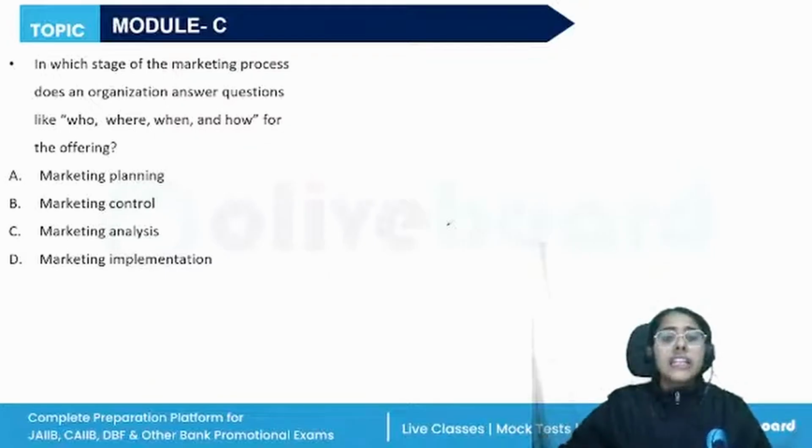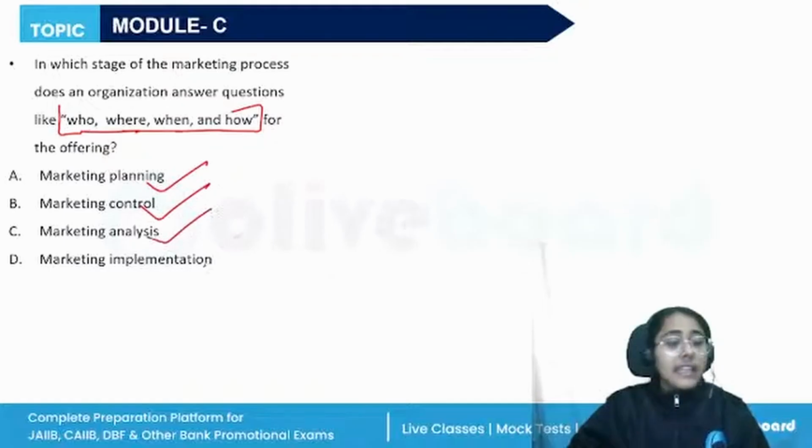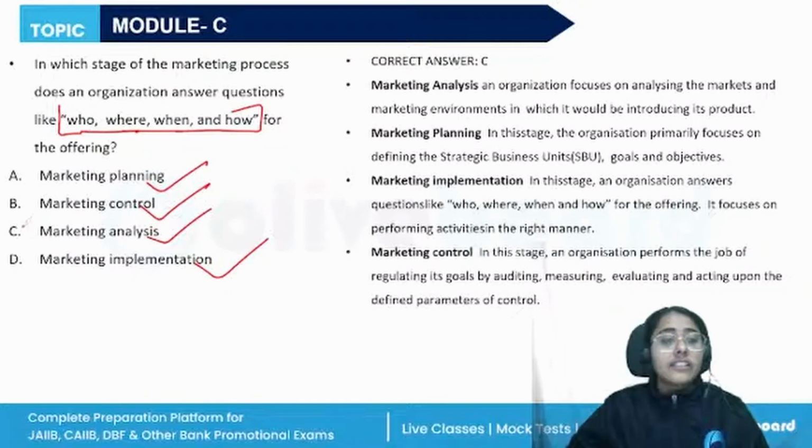Which of the stage answers questions who should prepare the product, where it should be launched, when and how? So is it the marketing planning stage, marketing control, marketing analysis, or marketing implementation? So the correct answer will be option C, which is marketing analysis.